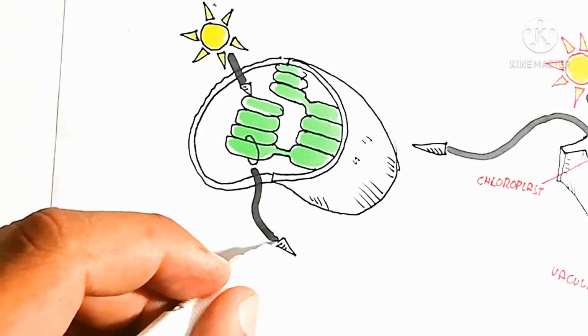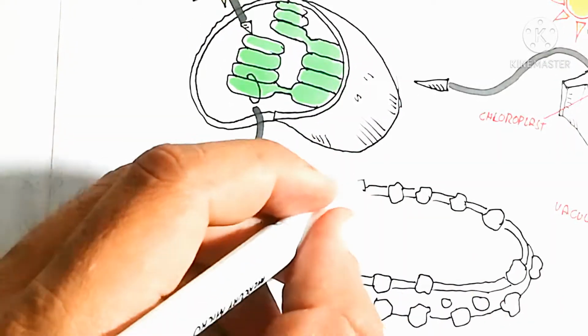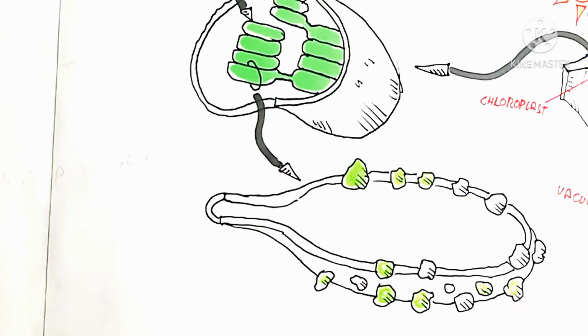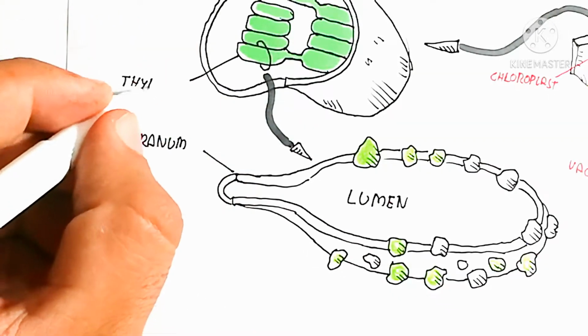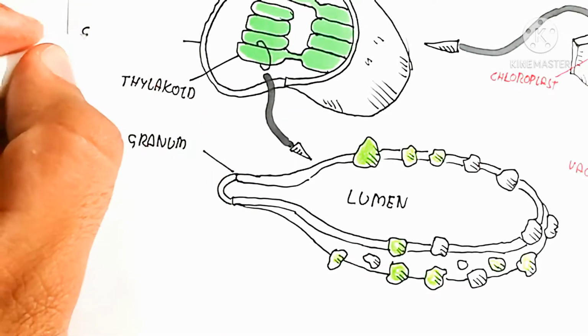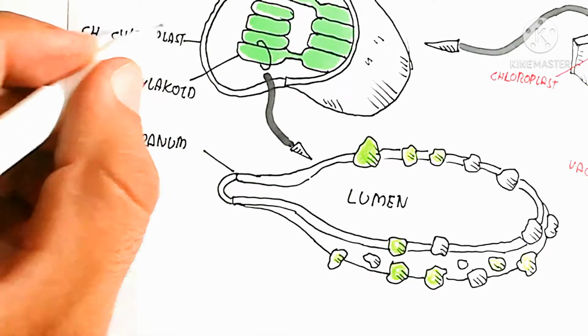This is the granum. Singular is granum and plural is grana, and the stroma inside contains the Rubisco enzyme, which is the most abundant protein in the world.